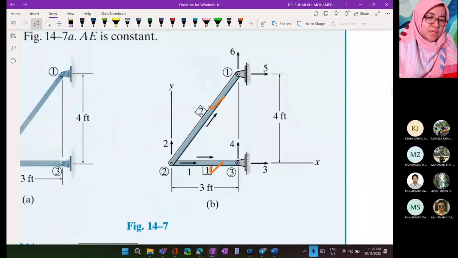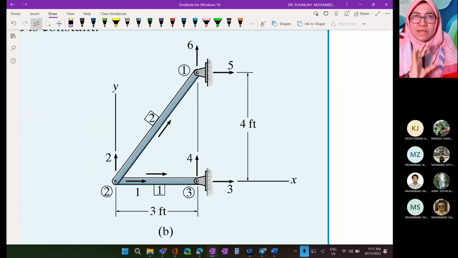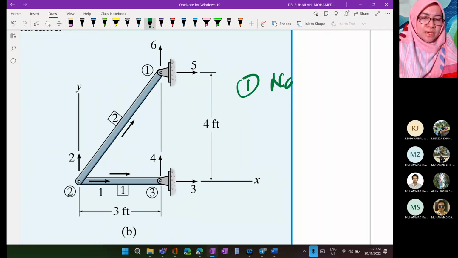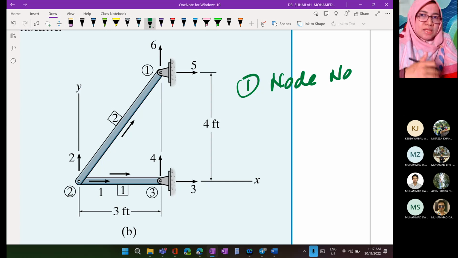Okay, this is the free body diagram. In the free body diagram, we should have 5 important things. Number 1, we have to make sure the diagram has node numbers. A node number is actually the joint name, A, B, C. In the stiffness matrix, we label with numbering 1, 2, 3.